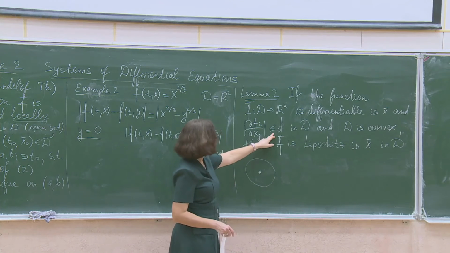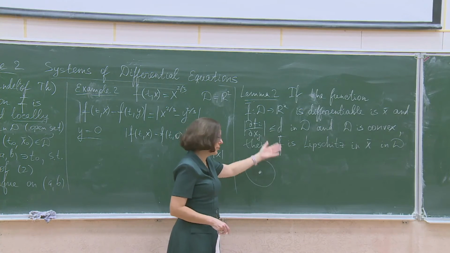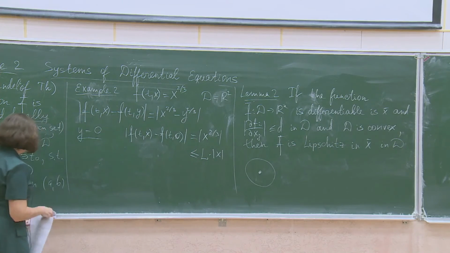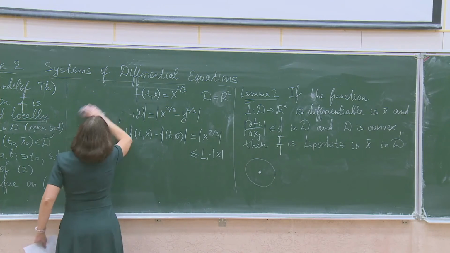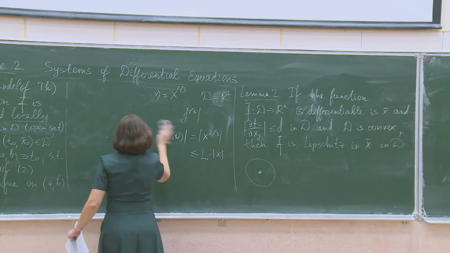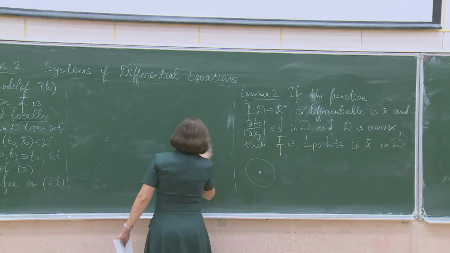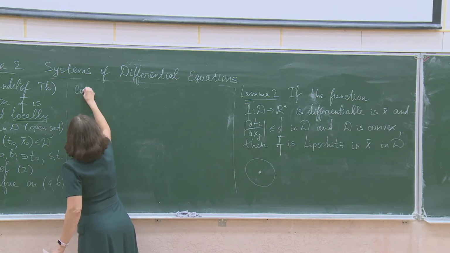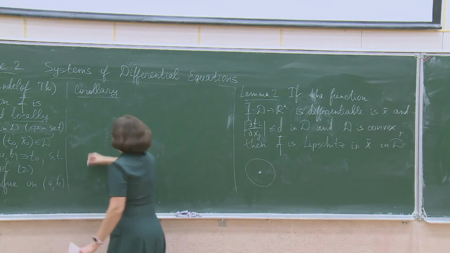And so this requirement is satisfied, and this proves that our function is locally Lipschitz. So this would be a corollary.